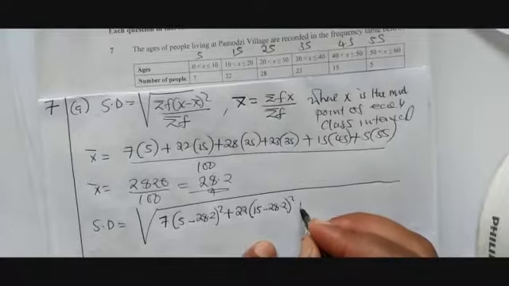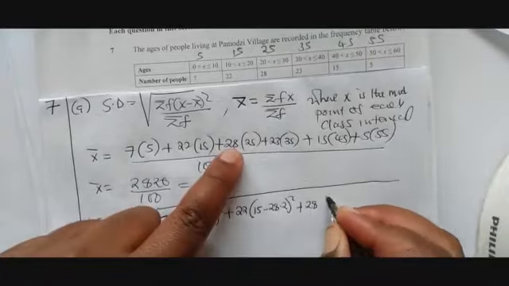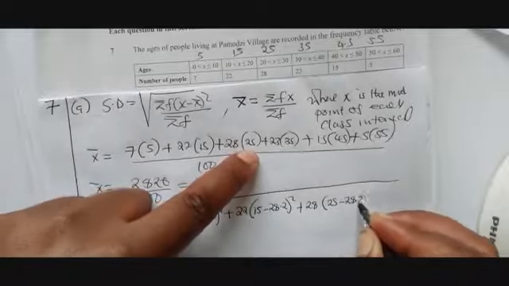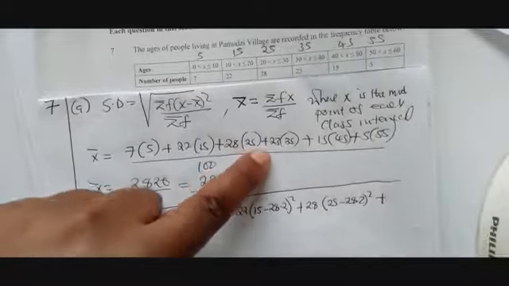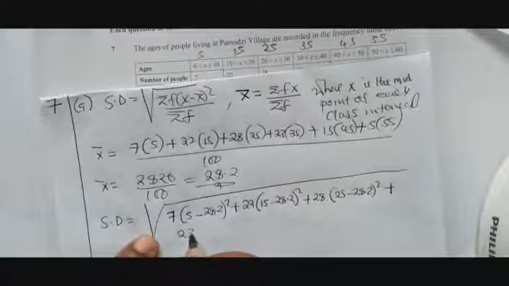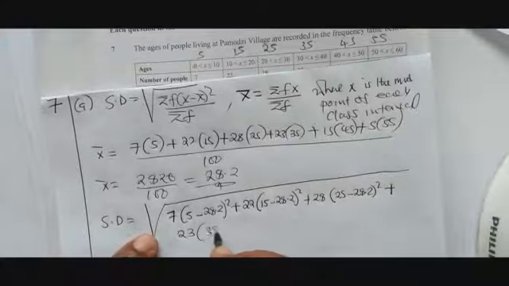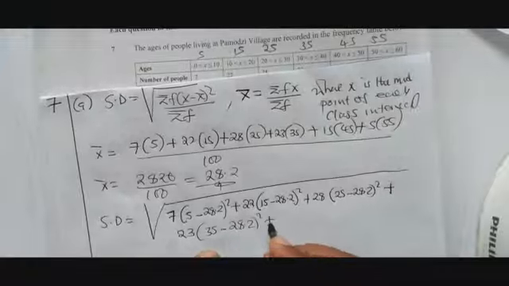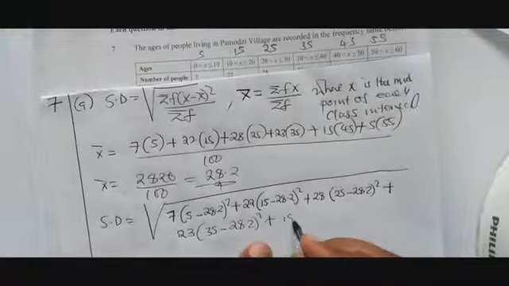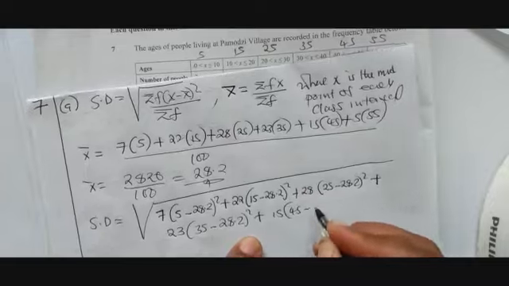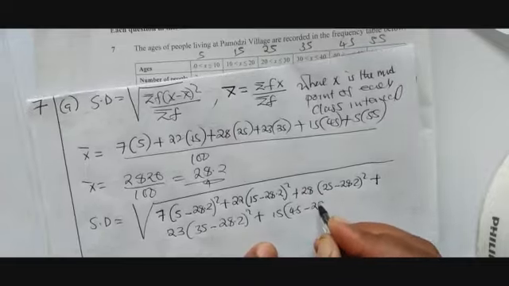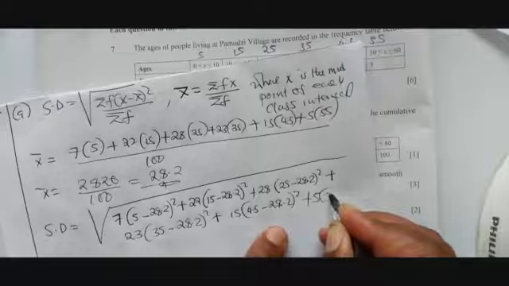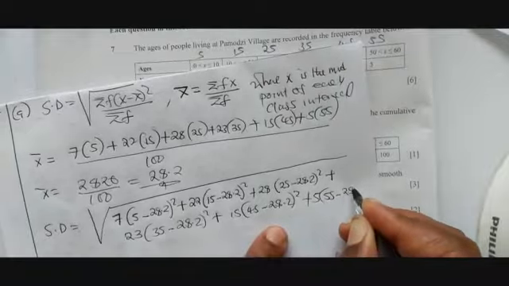Plus, the next number is what? 28, open bracket, 25 minus 28.2 squared. Plus, the next number is 23, open the bracket, 35 minus 28.2 squared. Plus, the next number is 15, open bracket, 45 minus 28.2 squared. Plus, 5, open bracket, 55 minus 28.2 squared.